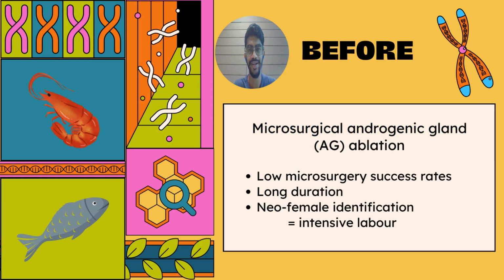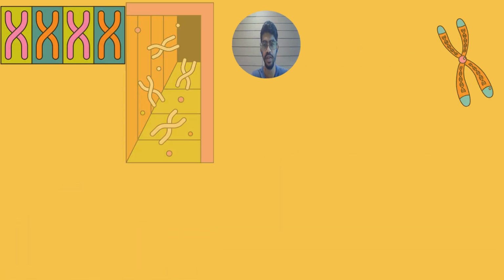Gene knockdown in Macrobrachium rosenbergii is not a new thing. However, modern techniques and technologies have made the process easier. Before this, farmers practiced microsurgical androgenic gland ablation, which had a very low success rate, took a long time, and made it difficult to identify neo-females, which was labor intensive.